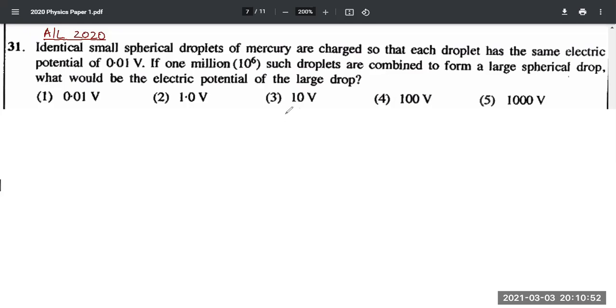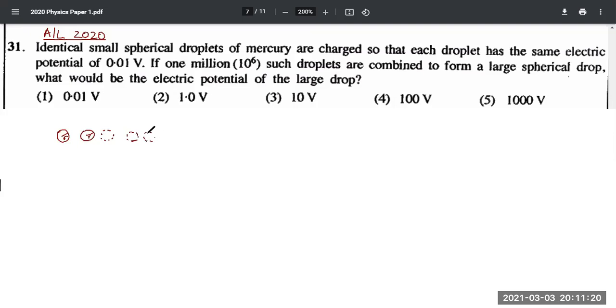Interesting. Now, before this, we'll start then. Identical small spherical droplets of mercury are charged so that each droplet has the same electric potential of 0.01 volt. So there is a small droplet. Let's take the radius of that as simply r. And they have how many droplets? They are going to mix or combine.